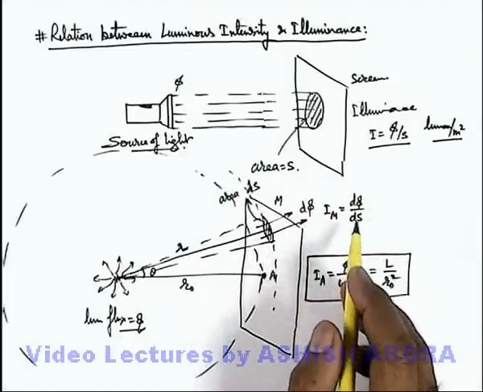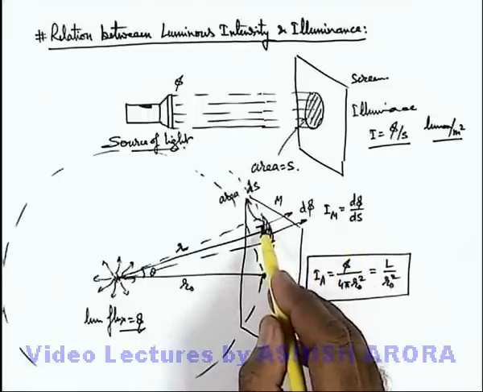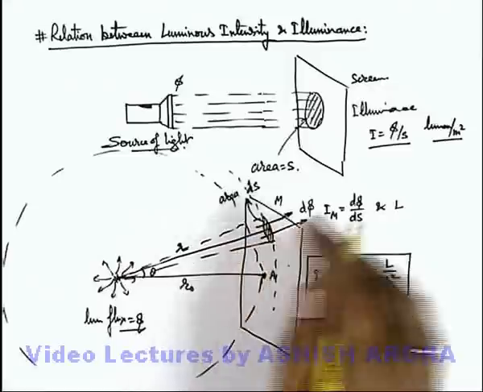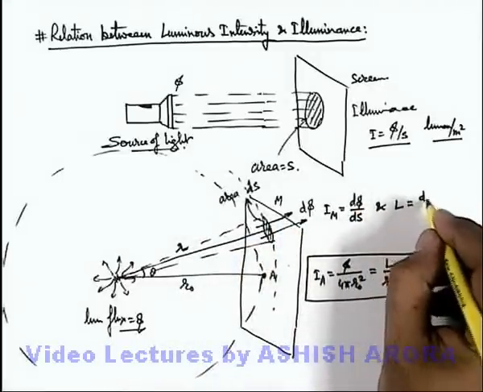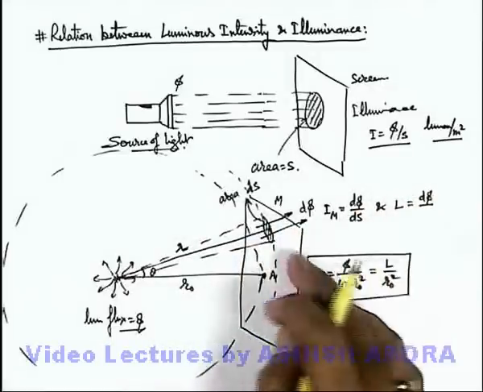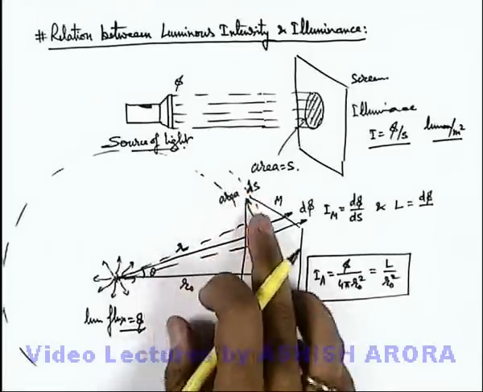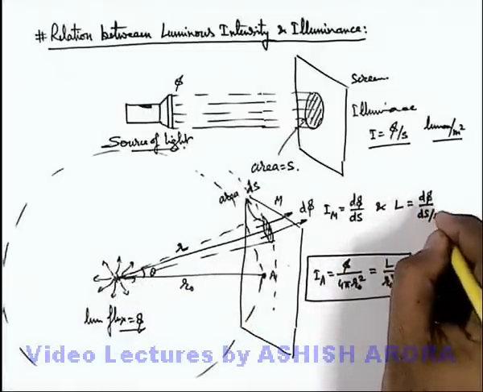And in this situation, if we calculate the luminous intensity in this direction, then I in this direction we can simply write as d phi divided by the solid angle in this region, and the solid angle we can simply write as ds by r square.